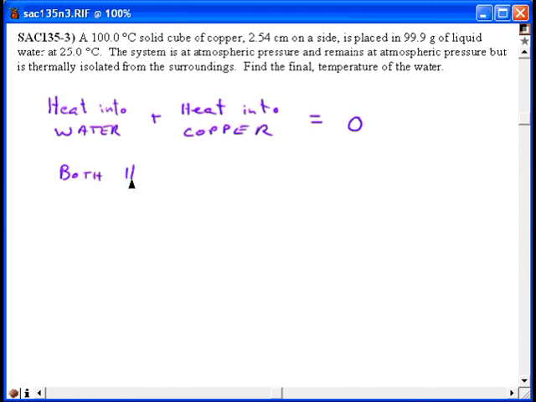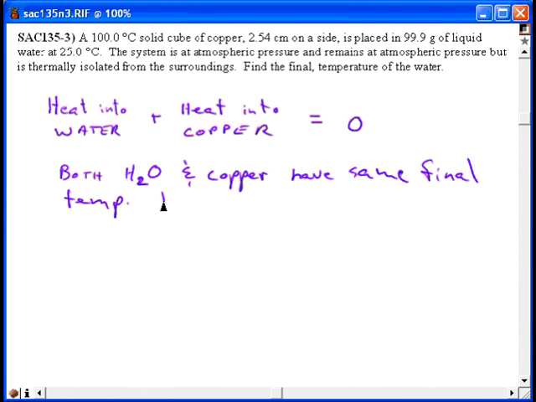Say both water and copper have the same final temp, which we're calling T, and it's T that we've got to find.